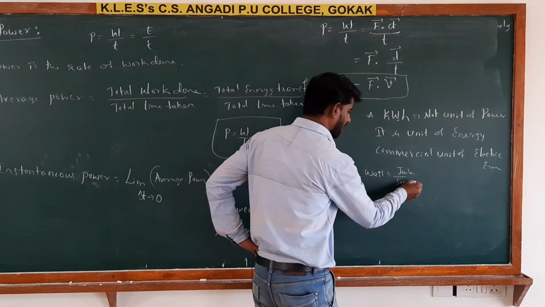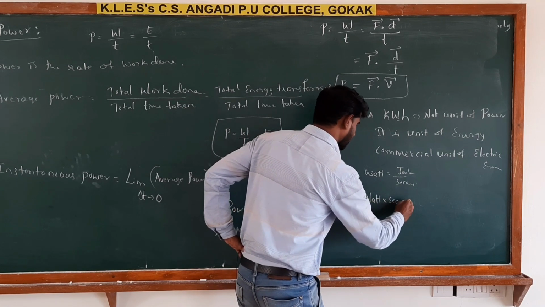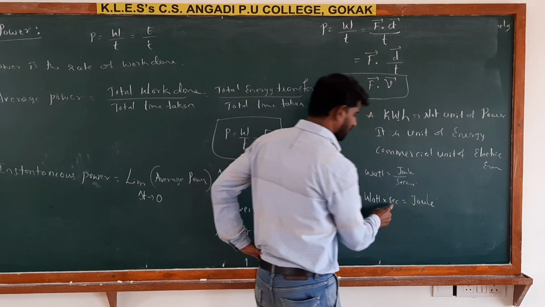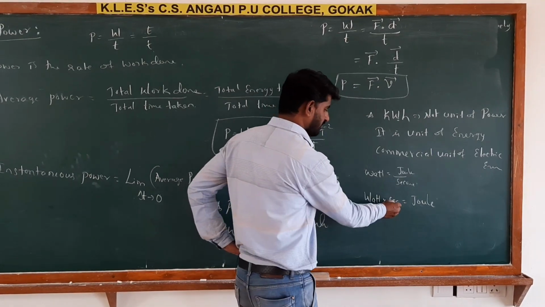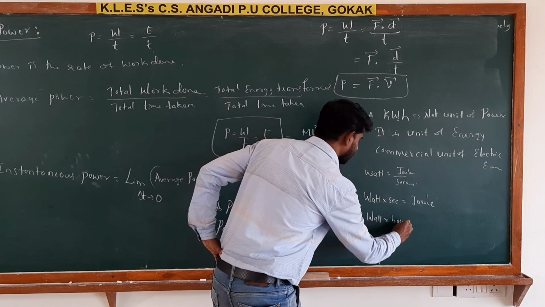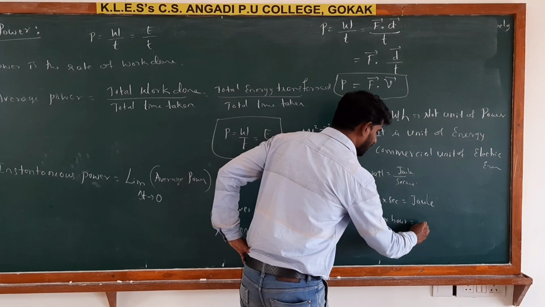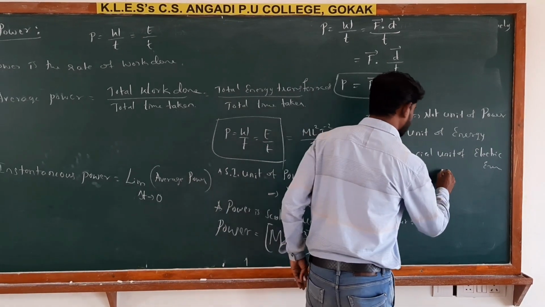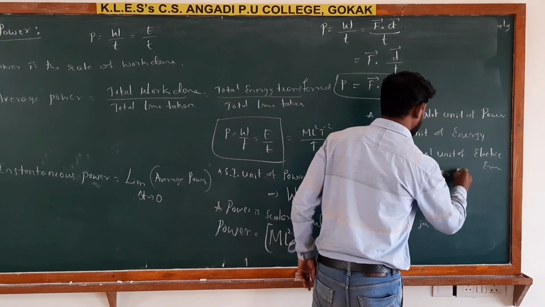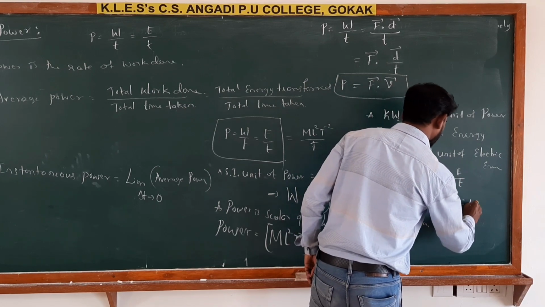Watt is equal to energy, joule divided by second. So watt into second is equal to joule. Instead of second I can write hour also. So watt multiplied by time gives the energy, because power is equal to energy divided by time, so power into time is equal to energy.